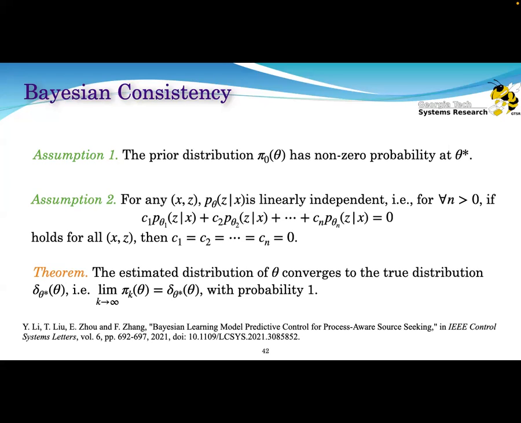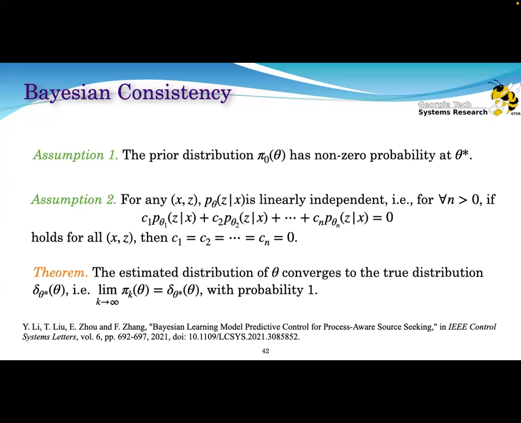In our situation, this consistency problem has not been previously solved, because the previous results require the collected measurements to be independent from each other. However, for the search problem, the measurements you collect are from the same target, and they are always correlated. So how can you prove Bayesian consistency in this correlated case? This is a problem we have solved.